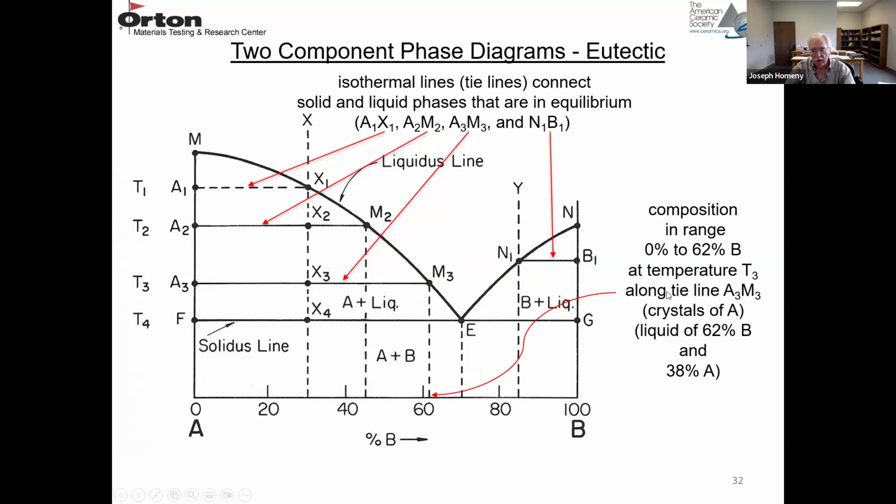So this tie line at temperature T3 is A3, M3.